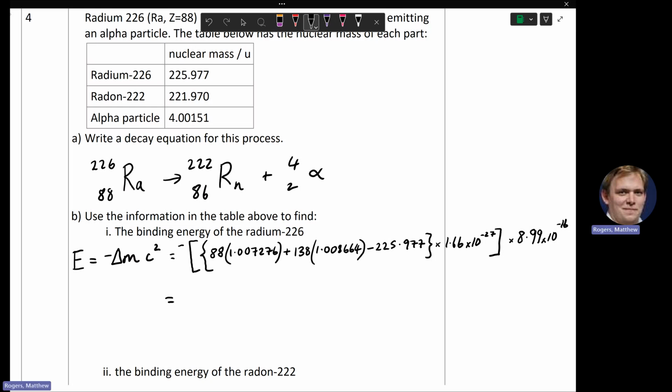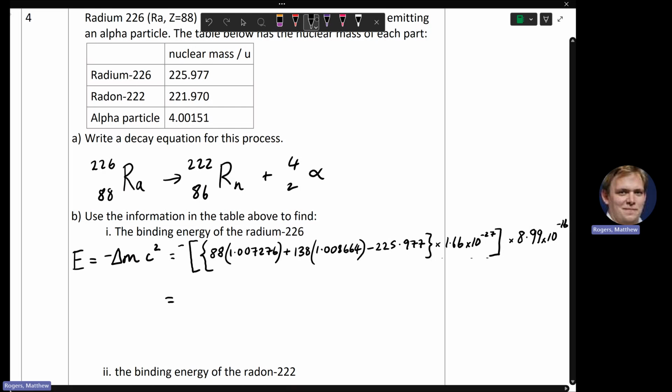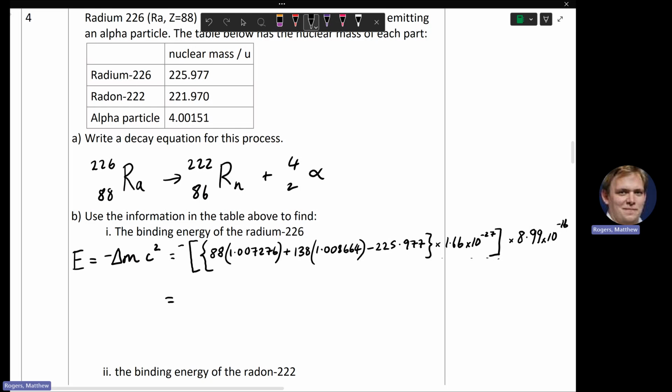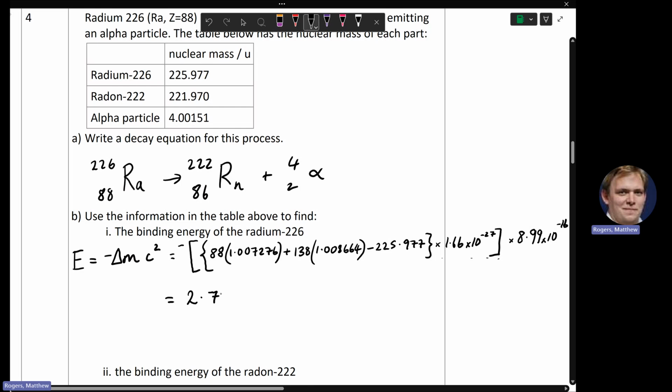If you're working it out as we go along, the mass deficit, inside the curly brackets, should be about 1.85 U. Converting that into kilograms gives us about 3 times 10 to the minus 27 kilograms. Then we multiply that by 8.99 times 10 to the 16 to give us a binding energy of minus 2.77 times 10 to the minus 10 joules.